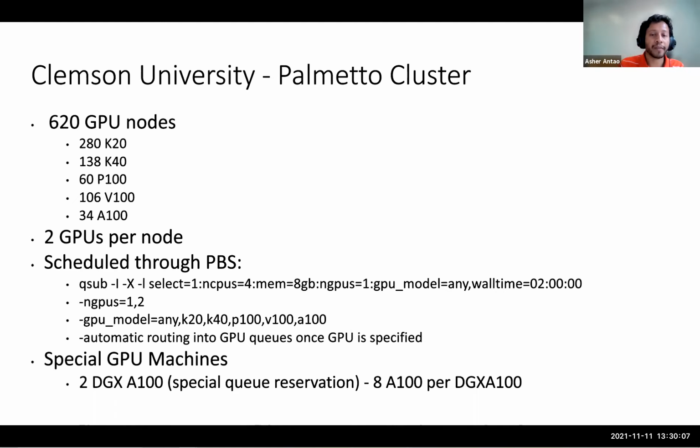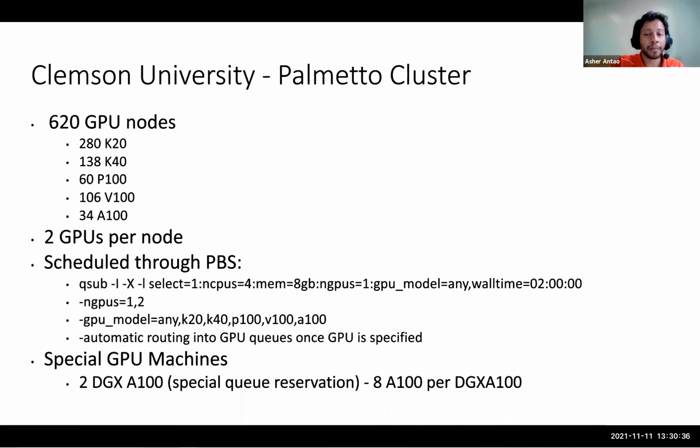And what we do is educate users to specify if they want a GPU, and if they want a GPU, which model they want. Initially we did not have this kind of routing within PBS, so we ran into issues with users getting multiple different types of GPUs at once, which caused a whole lot of issues.